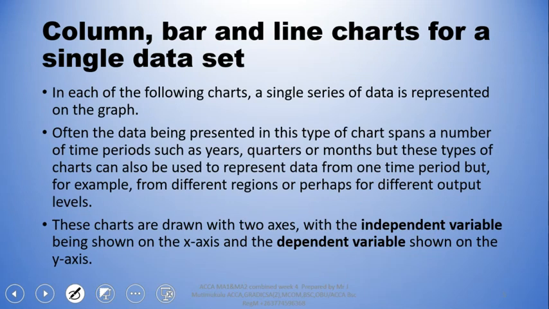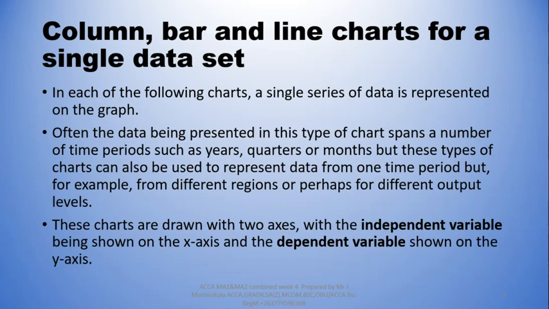Now let's go to a bit more interesting part where we have to learn about graphs. We have what are called column, bar, and line charts. We are going to start with those related to single data sets.